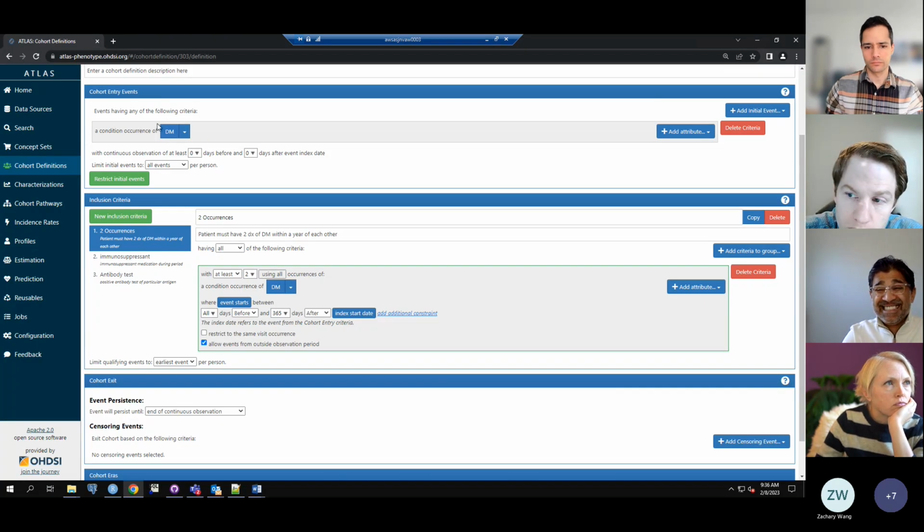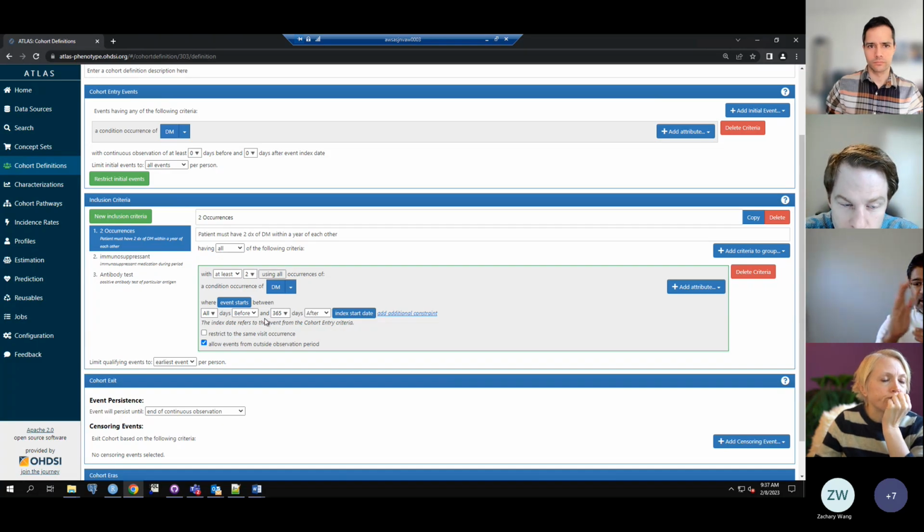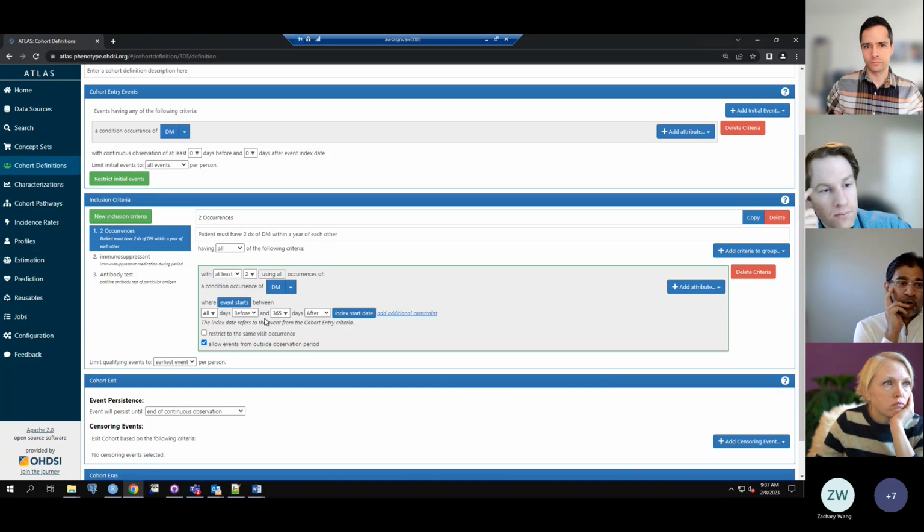Guess what? The 366th date is now eligible, and the 366th day will meet this criteria because day 0 is within this all days before rule. So what will happen in this implementation is it will shift for the person who has two codes more than 365 days apart. A small thing, but it might introduce a little bit of error.